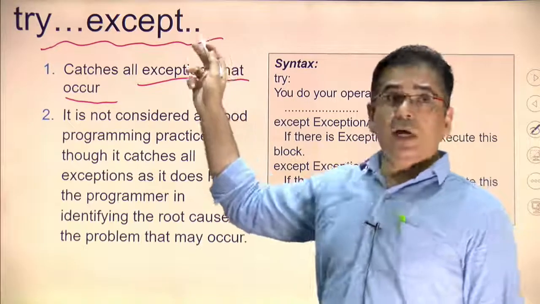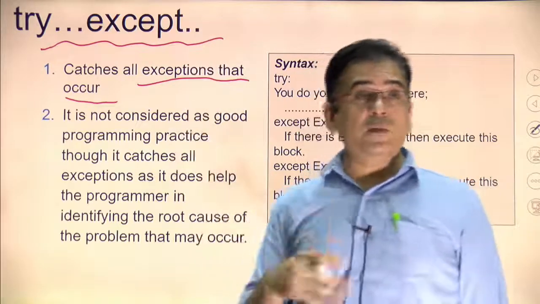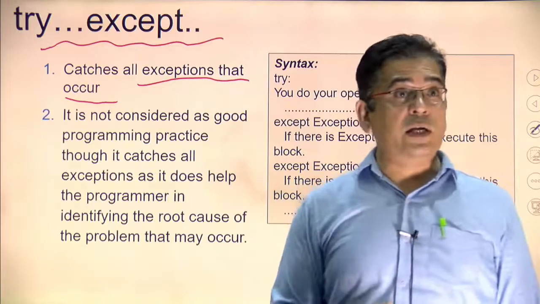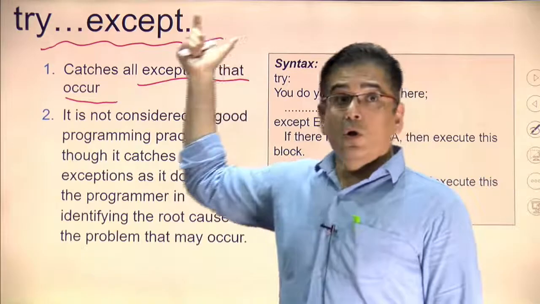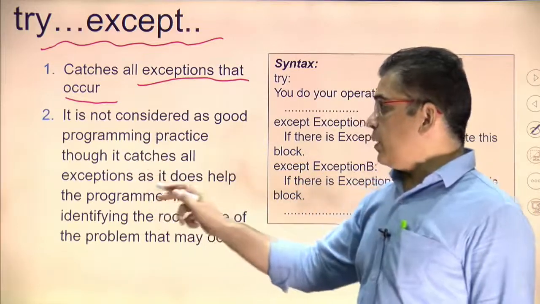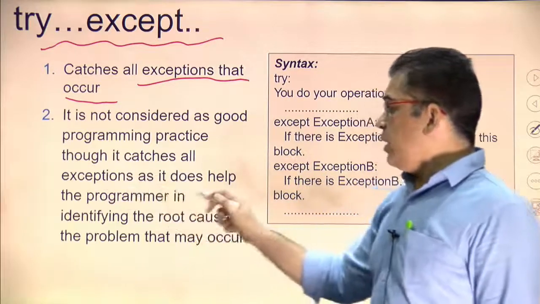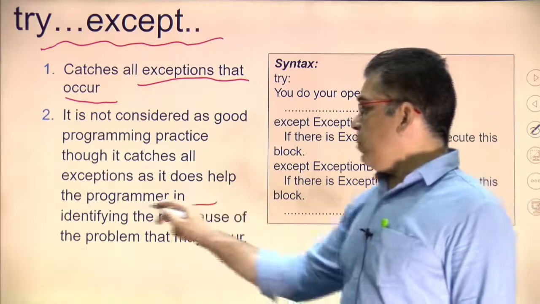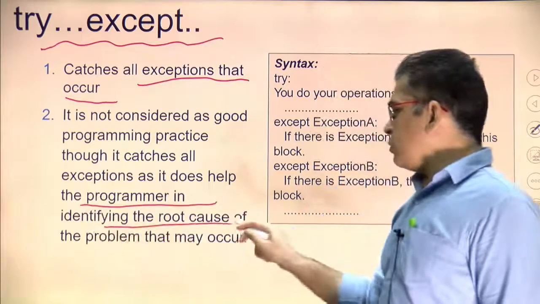If you are not using the else case and an unexpected or new type of error arises, then there will be no option to handle it. So it is not considered good programming practice, though it catches all exceptions, and it helps the programmer in identifying the root cause of the problem.